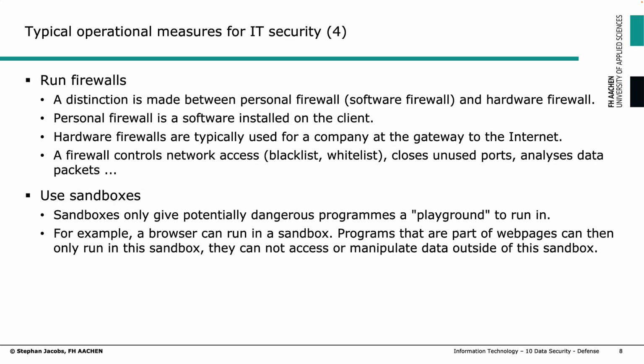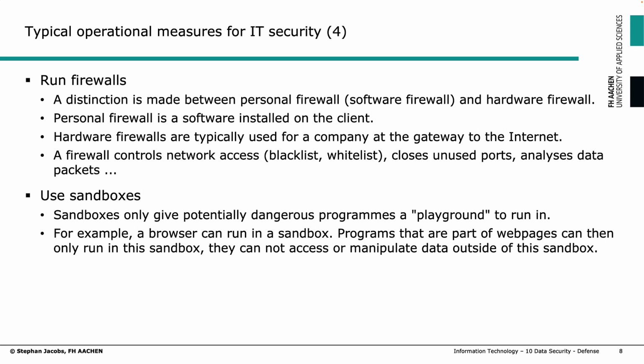Similarly, run firewalls. A distinction is made between personal firewalls, which are usually just a piece of software, and a hardware firewall, which is a certain computer at the entry of the company intranet. What do these firewalls do? Basically, they control network access.